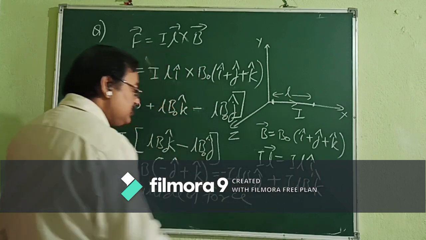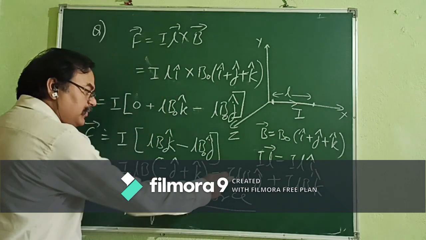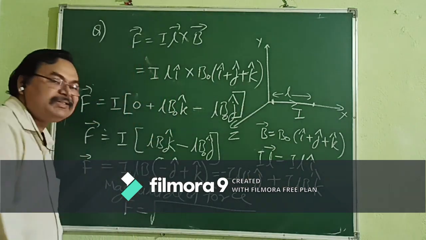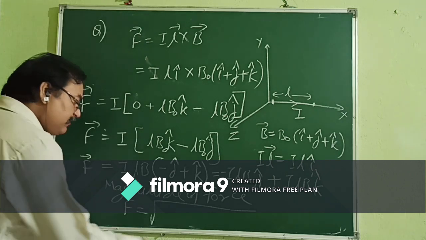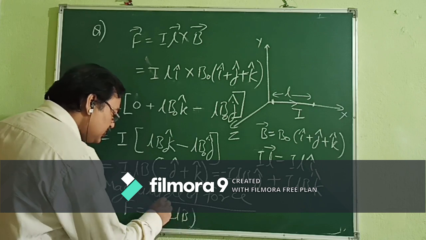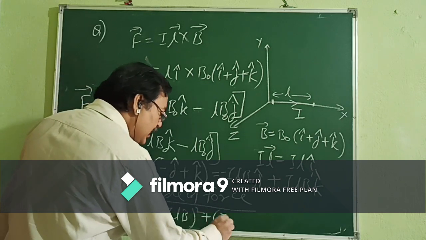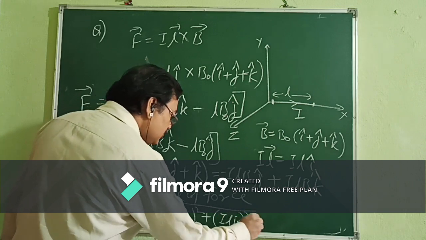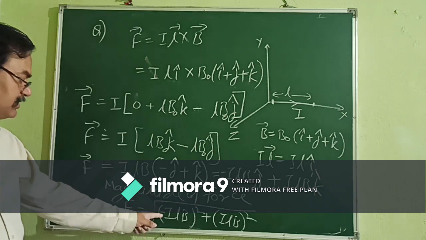We can write in this form also. While taking the magnitude, what we actually do is square these coefficients of J and K, add them, and take the square root. In the same way we have to do here: ILB whole square plus ILB whole square. This minus is there, no problem.